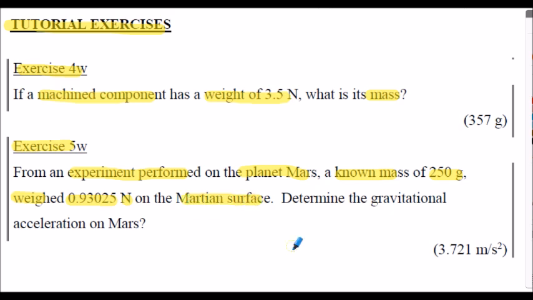We're asked to determine the gravitational acceleration on Mars. Again, the answers are shown in the brackets on the right hand side. I would encourage you to start the presentation and attempt these exercises, but the full worked solutions are shown on the following slides.